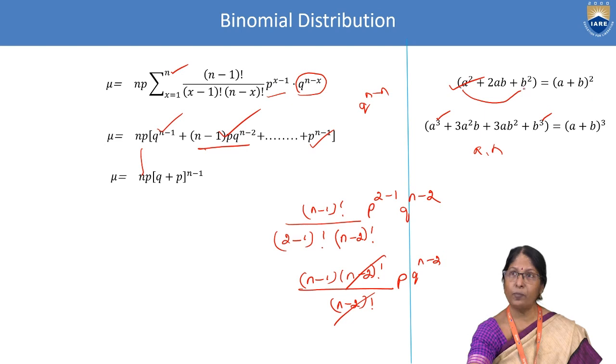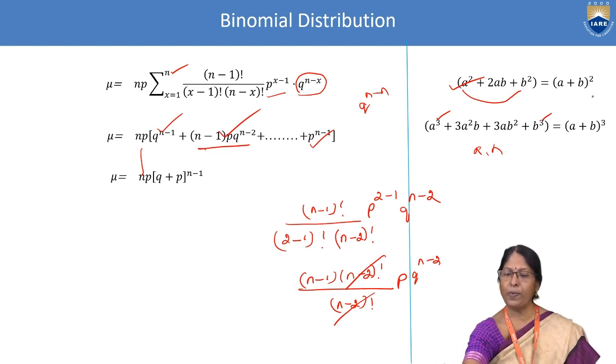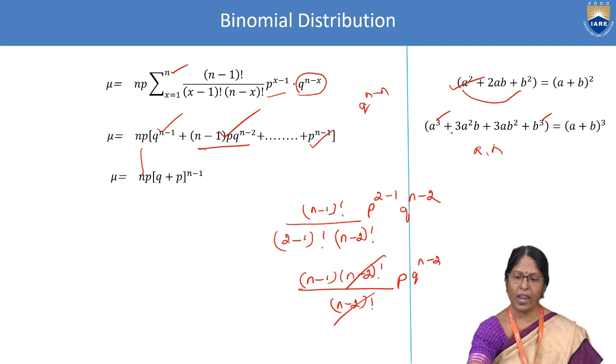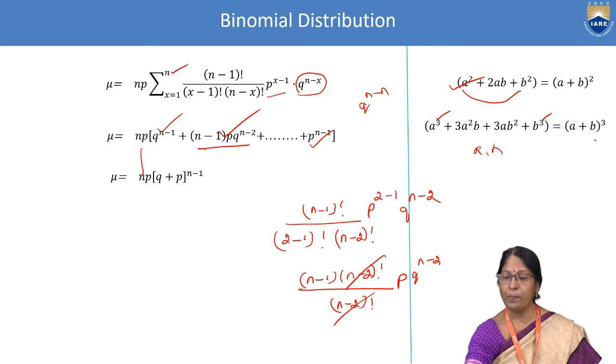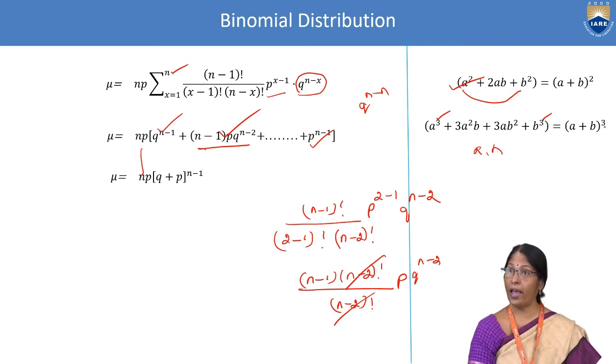In a and b, keeping in mind the highest power, we accept a plus b the whole square. And for a cube plus 3a square b plus 3a b square plus b cube, the 2 variables a and b also have the highest power 3, then we accept a plus b the whole cube.